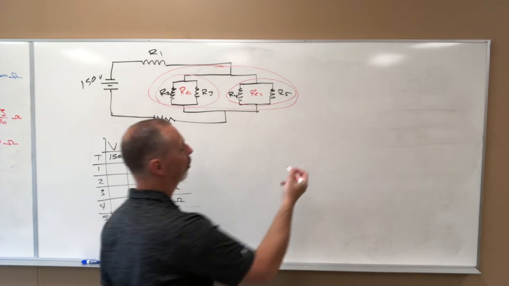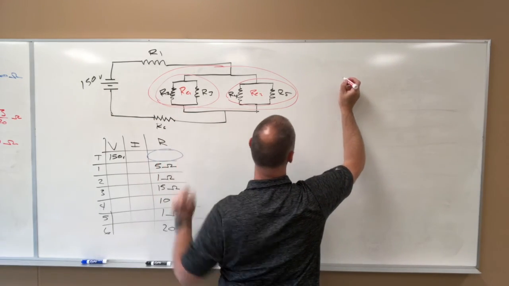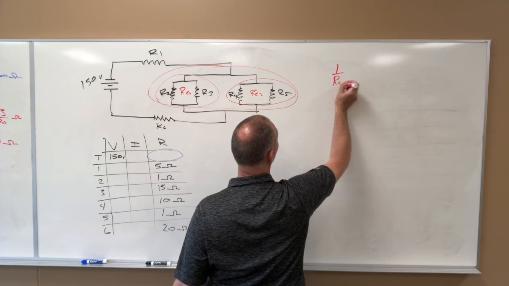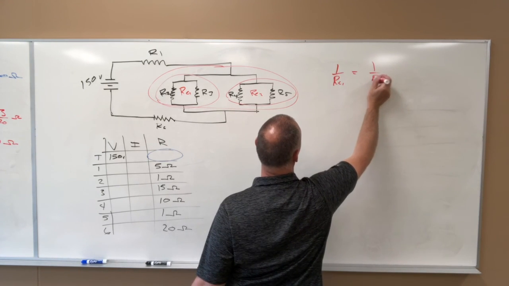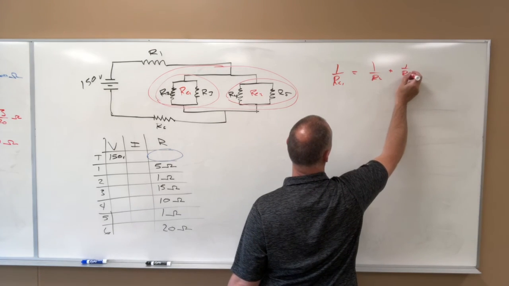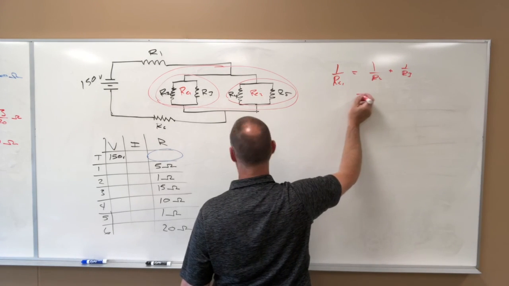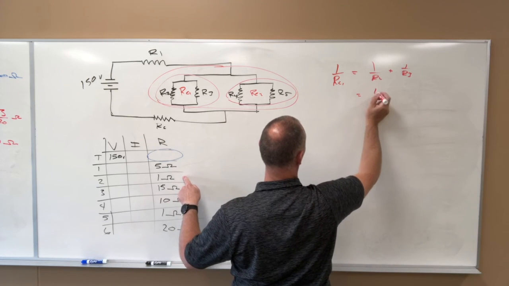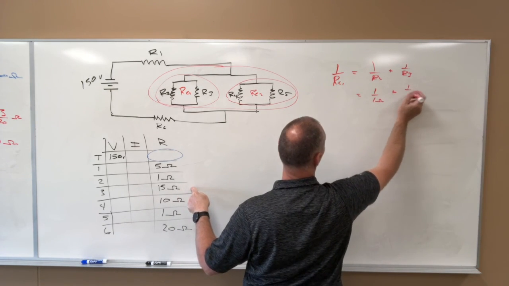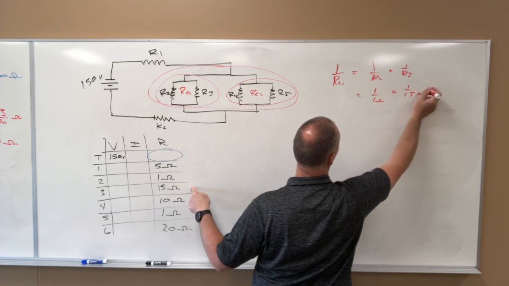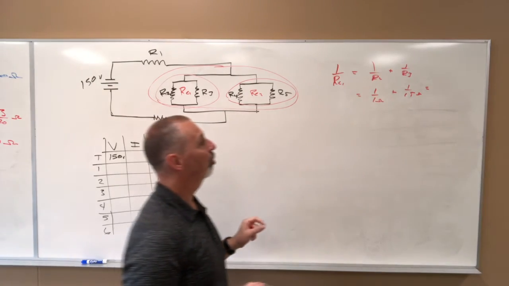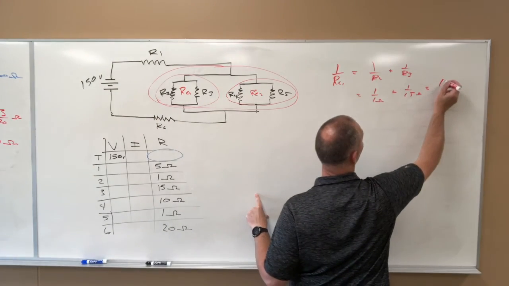So again, we're going to come over here. R2 and R3 are in parallel, so 1 over RE1 is 1 over R2 plus 1 over R3, which equals 1 over 1 plus 1 over 15, which gives us 16/15.